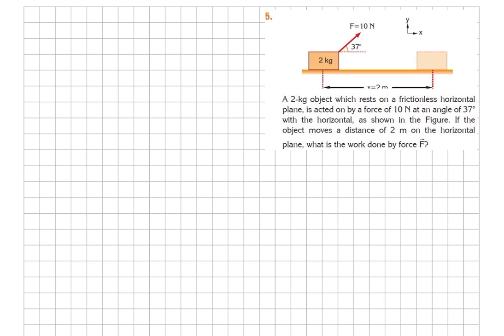So here, this force is acted at an angle, that means it's between horizontal and vertical. In order to get positive work done by a force, we have to use only the component of the force which is parallel to the displacement.